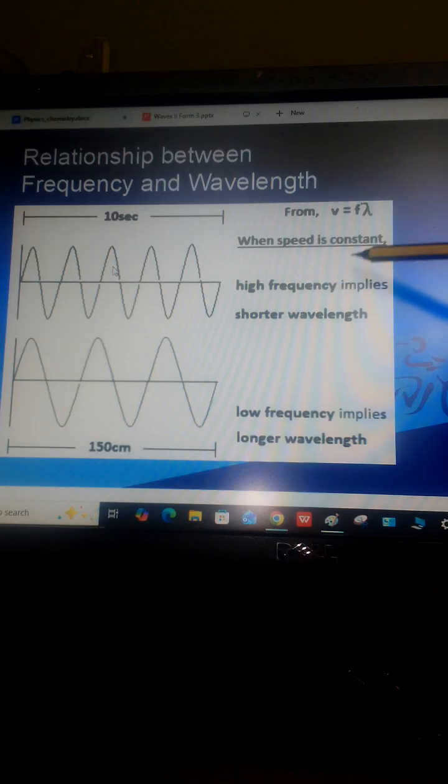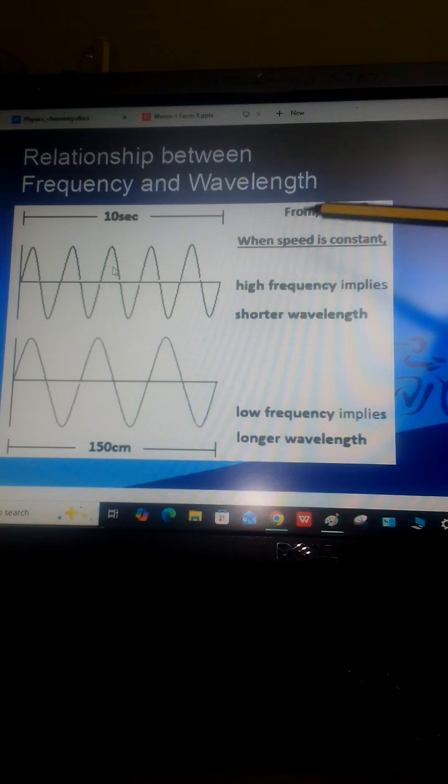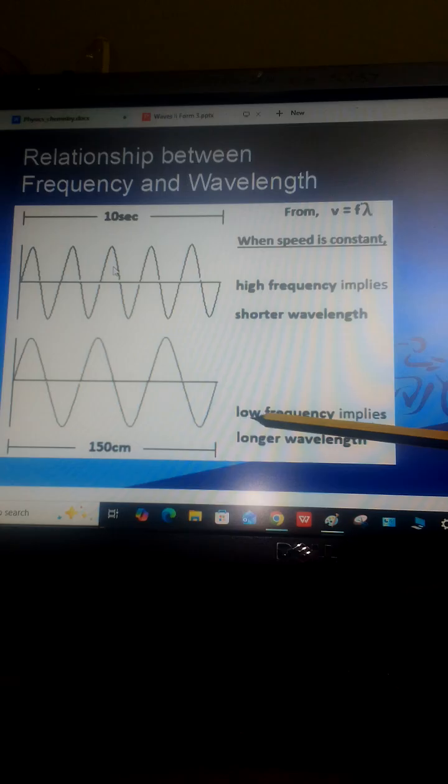When frequency is high, it means that the wavelength will be shorter for a given value of velocity. When the frequency is low, it implies that the wavelength will be longer for a given velocity of the wave.